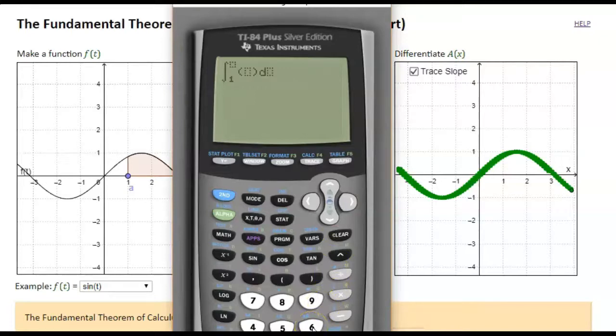What was the upper one? 2. Okay. Then your x to the third dx. Okay, enter.